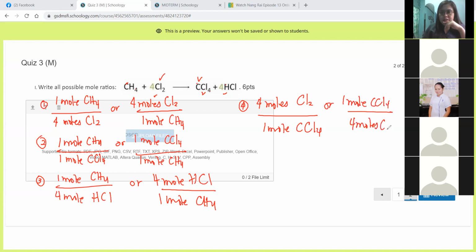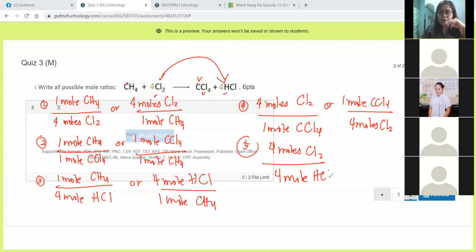And the other one, of course going here, 4 moles of chlorine again is also needed to make 4 moles of hydrochloric acid. So flip that.